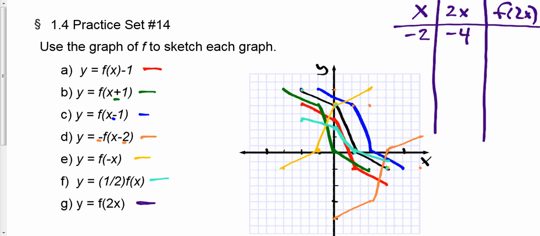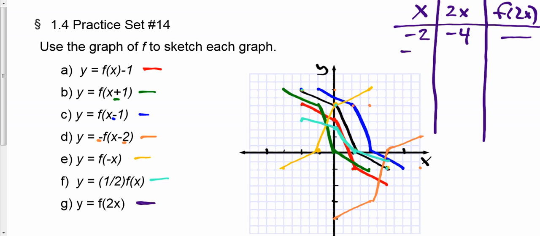Does my function f do anything to x equals negative 4? In other words, is negative 4 in my domain? It is not in my domain. So I have to ignore that. So there is no value for when 2x equals negative 4.